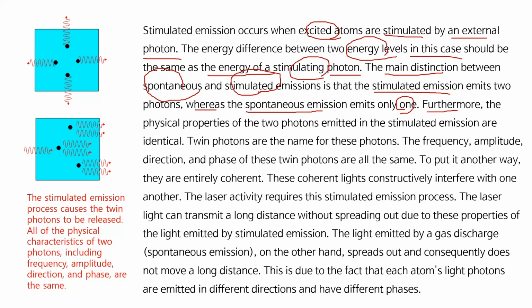Furthermore, the physical properties of the two photons emitted in the stimulated emission are identical. Twin photons are the name for these photons. The frequency, amplitude, direction, and phase of these two twin photons are all the same.